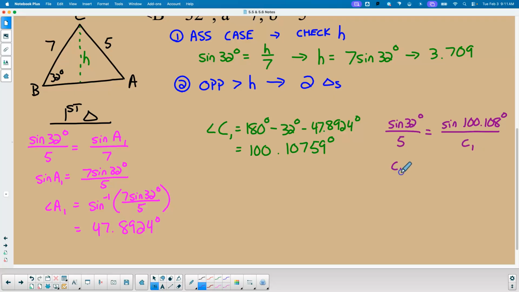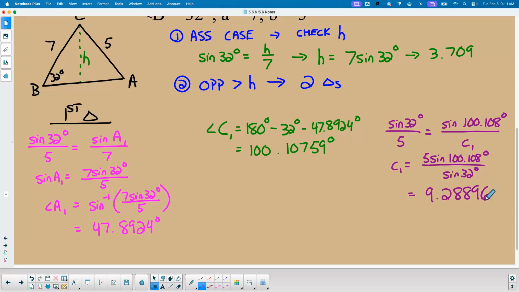So side C sub 1 then is 5 sines of 100.108 degrees all over the sine of 32 degrees, which is going to be 9.28896. Agree with me so far on triangle number 1.